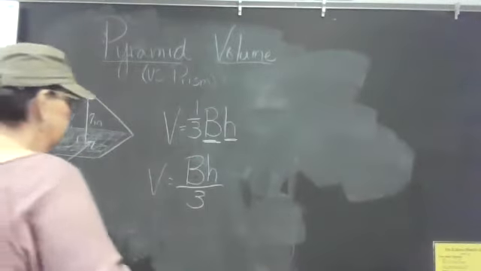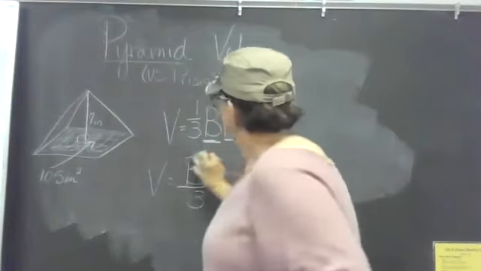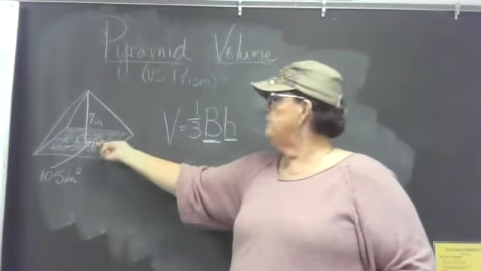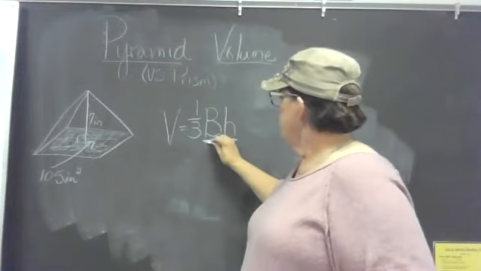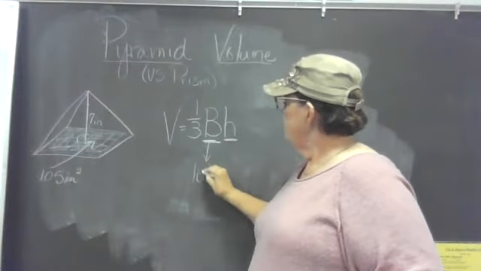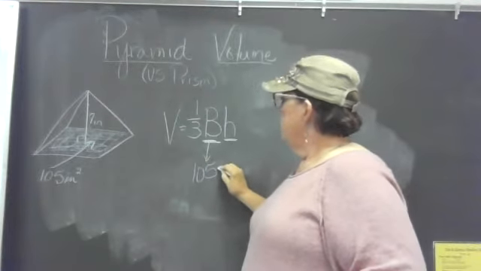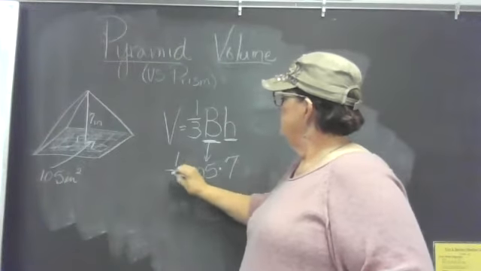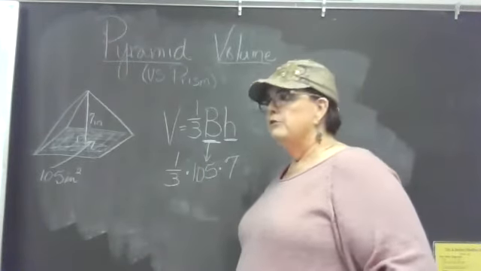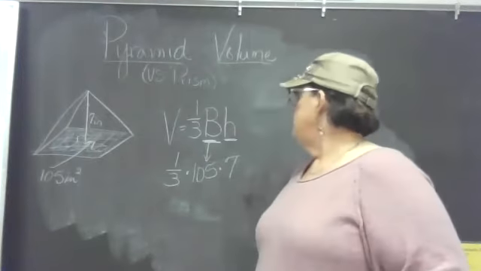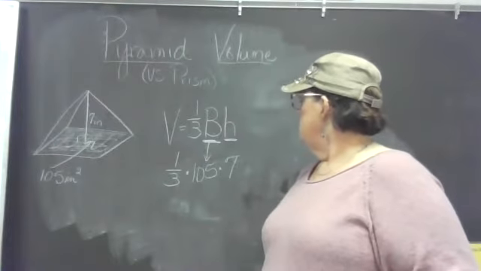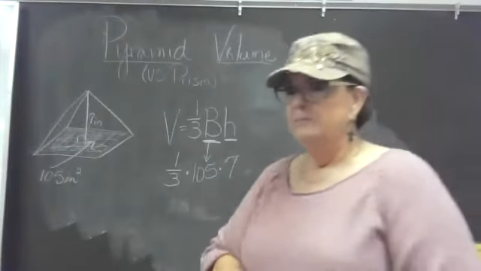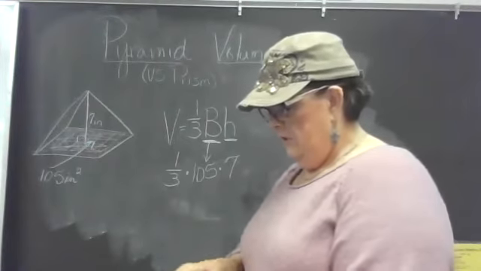And I want you to find the volume. So in this case, it found the area of the base for you. So in place of the area of the base, we're going to put 105 times the height times 1/3. Okay? And so we should get 35 times 7. 245? Probably. Sounds right.